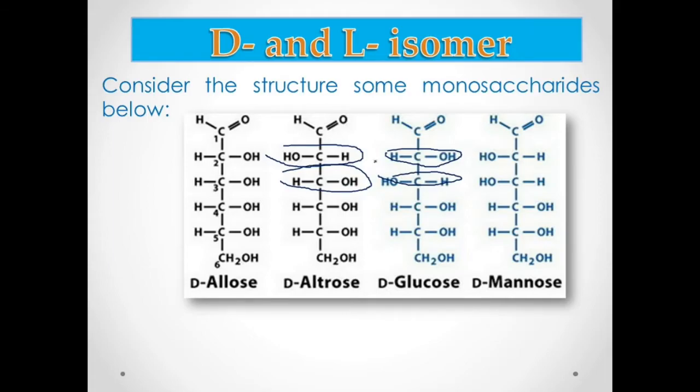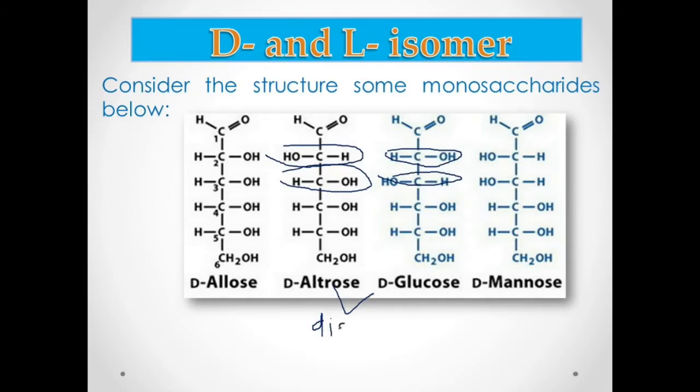If there are 2 or more chiral carbons that are different with each other, then they are called what? They are called diastereomers.